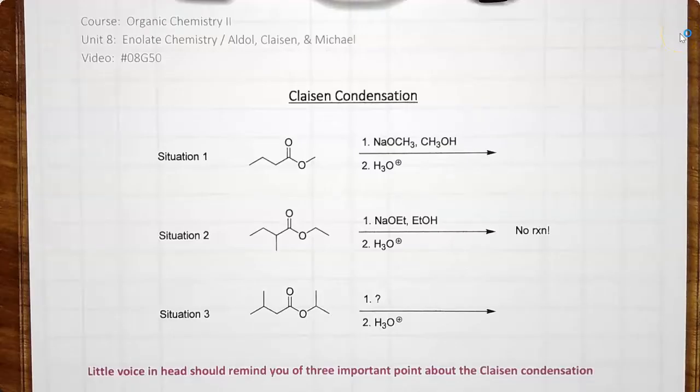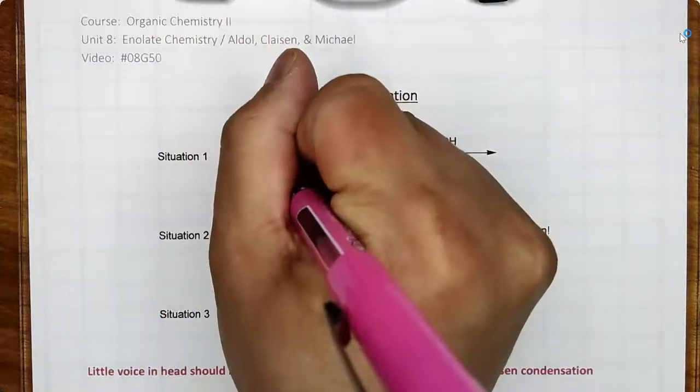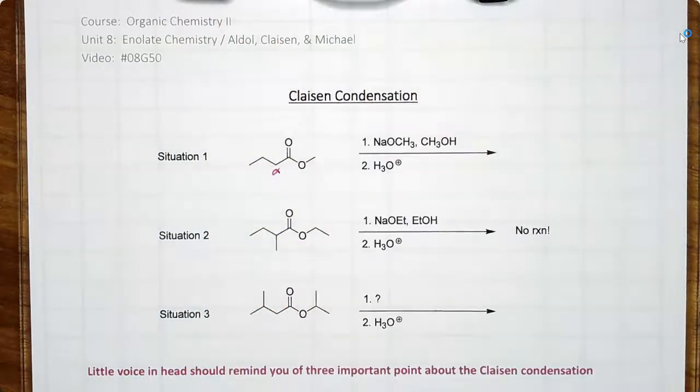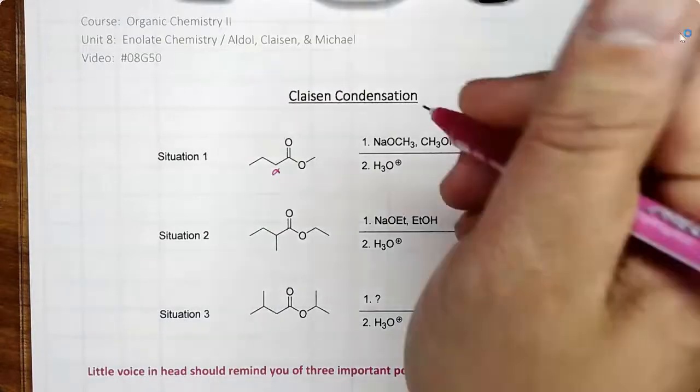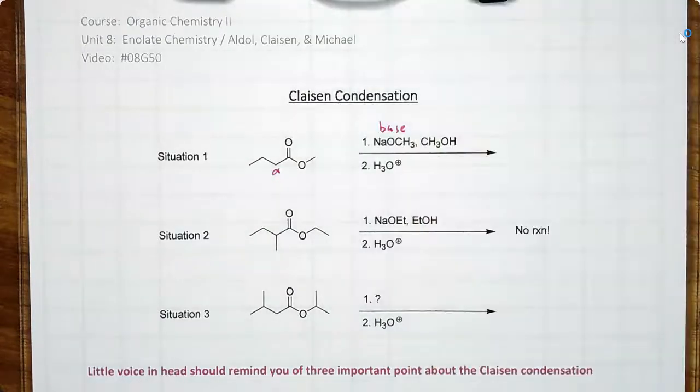You'll recognize some familiar elements in the Claisen condensation that you remember from the aldol condensation. For instance, we have alpha protons that are acidic. We have a base. And yes, we're going to form the enolate, and it's going to attack another one of itself, just like we saw with the first type of aldols that we studied.